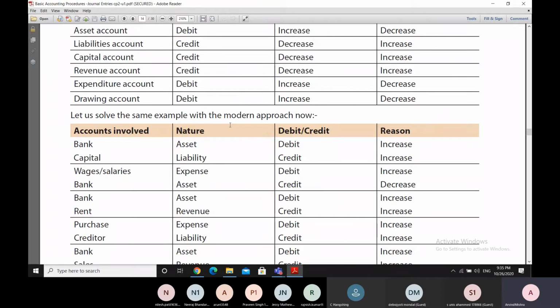Out of these six items, we use one of the items to categorize that particular account. And so if bank account is an asset account, we debit the increase of the money in the bank account.